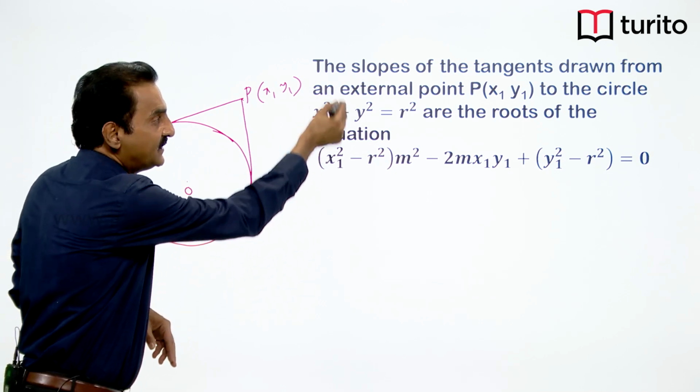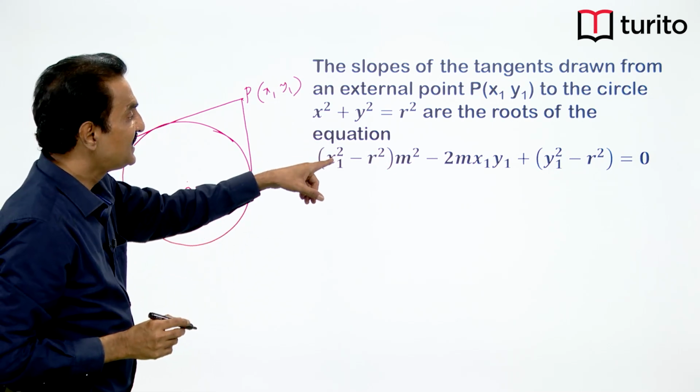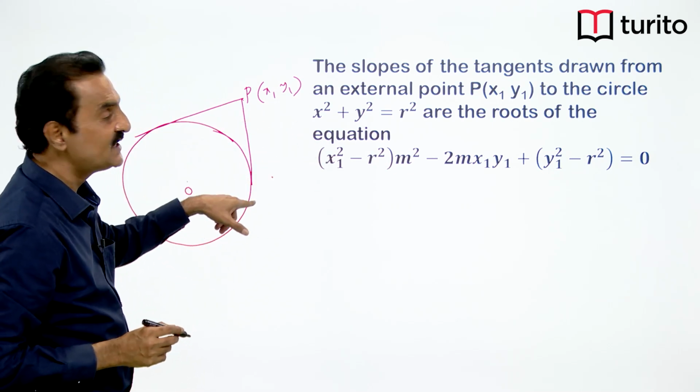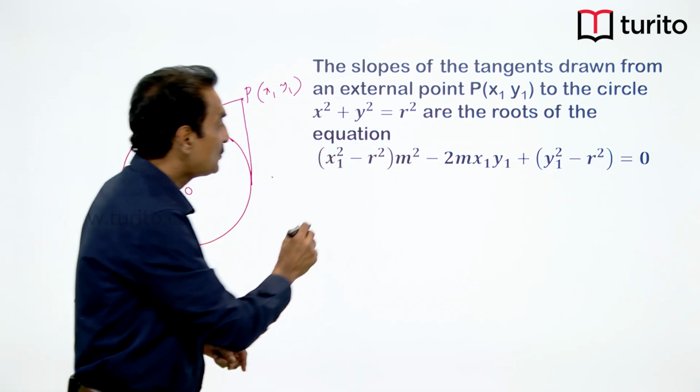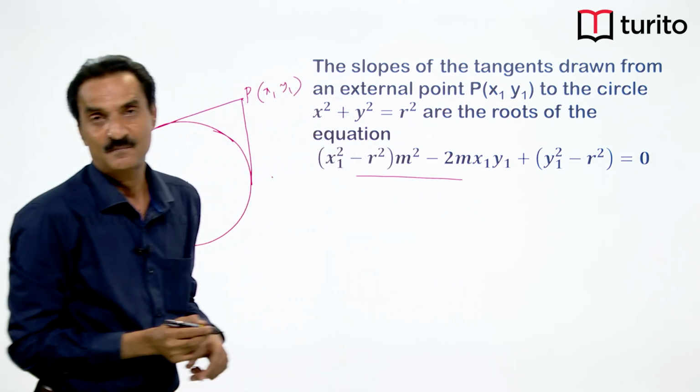Now, this statement says that the slopes of these two tangents drawn from the external point P x1 y1 are the roots of this quadratic equation.